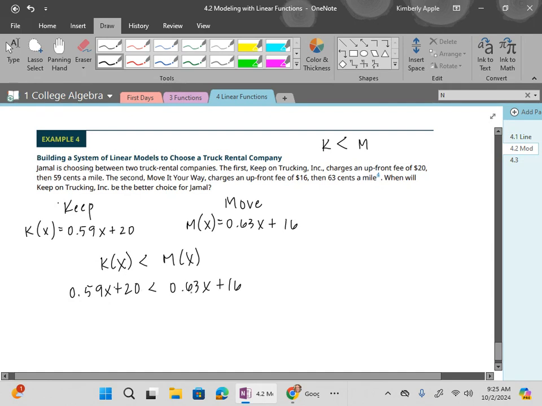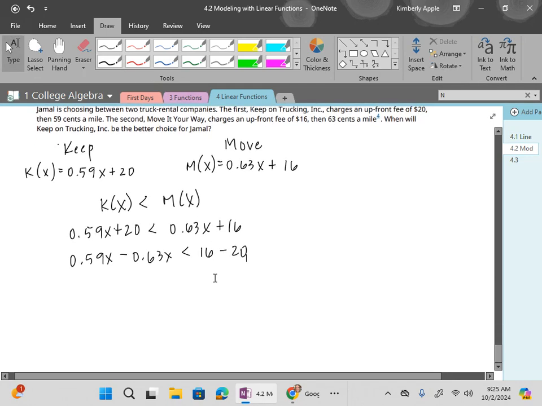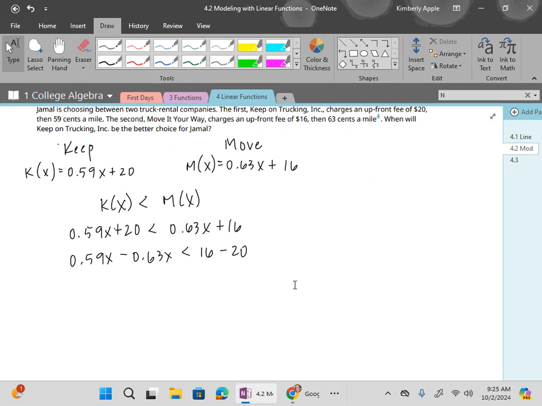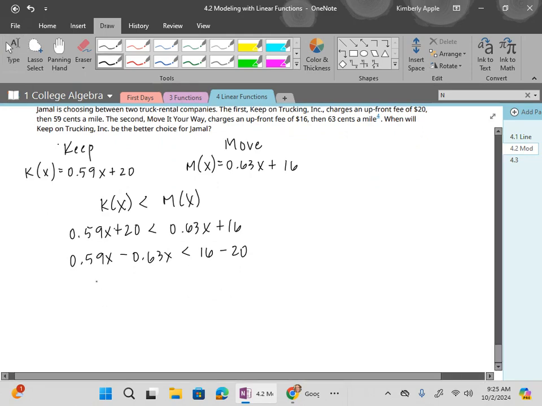So we're going to move all the stuff to the same side and combine like terms. And then I'm going to move the 20 over to the other side. I'm just doing basic algebra now. There ain't no magic going on here. Okay, so let's do 0.59 minus 0.63. That's going to be negative 0.04x.